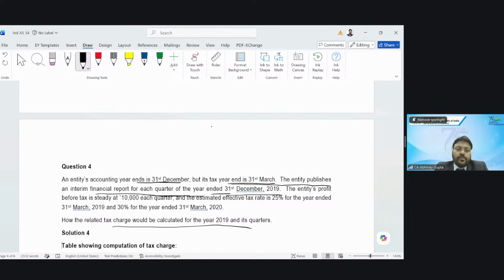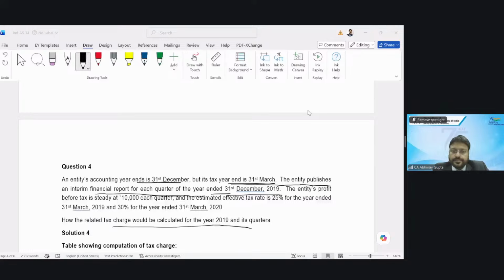Do you want to give it a try quickly? Because the more we try ourselves first, the more it increases our confidence. So Saminathan is saying for Q4, 18-19, 2,500, tax rate is 25%.